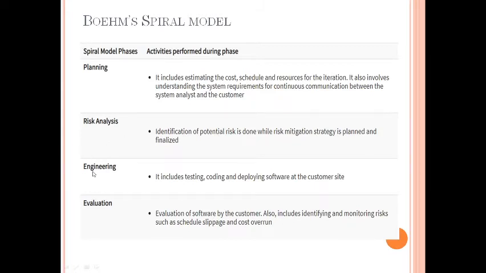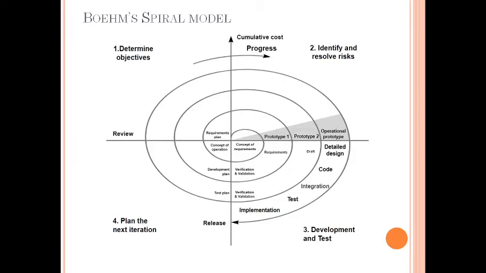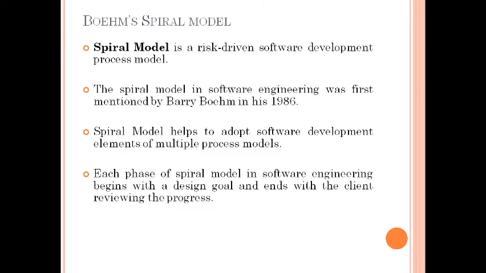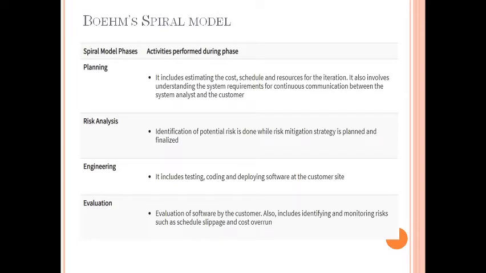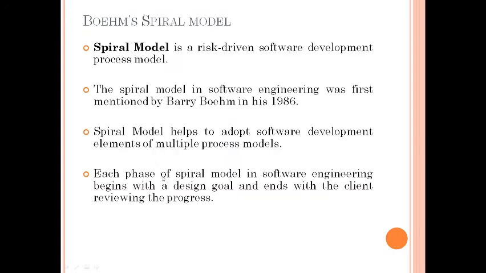The third phase is engineering, or we can say the development and test phase. The engineering phase is nothing but development and test. Here different phases of the waterfall model have been combined. That is, the implementation and integration phases of the waterfall model have been combined in this engineering, or development and test phase.